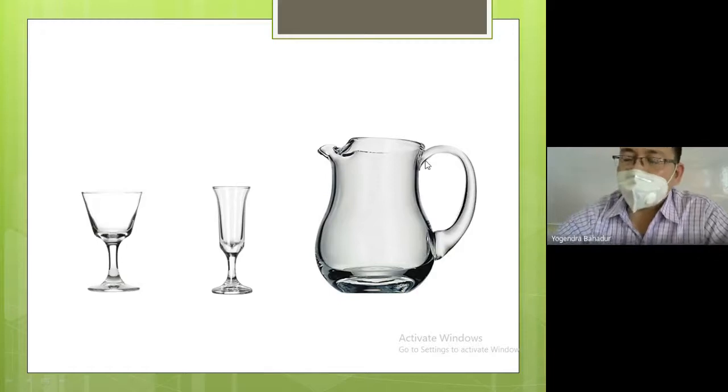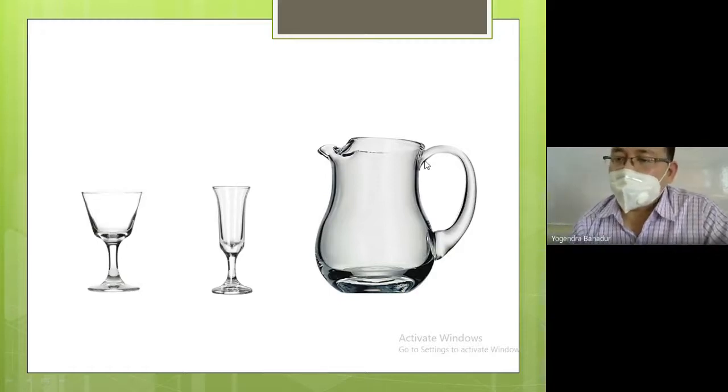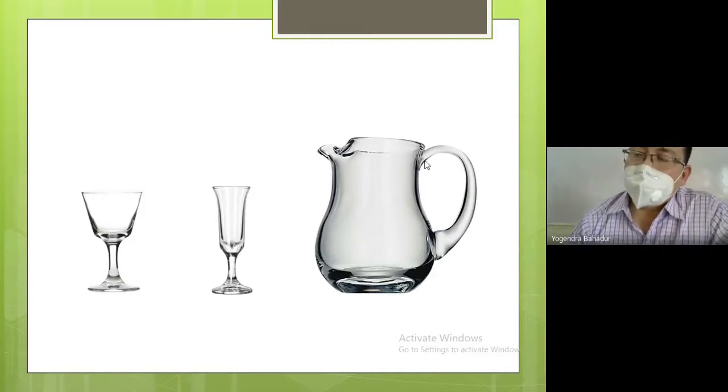On the right hand side, this is the beer pitcher. Beer pitcher means whenever a group of around 4 to 5 members wants to have fresh beer, the fresh beer is served to all of them in this large jug kind of thing, which is called a beer pitcher.